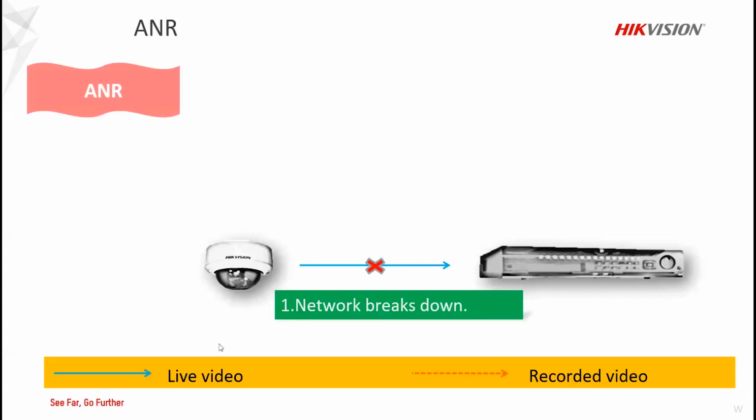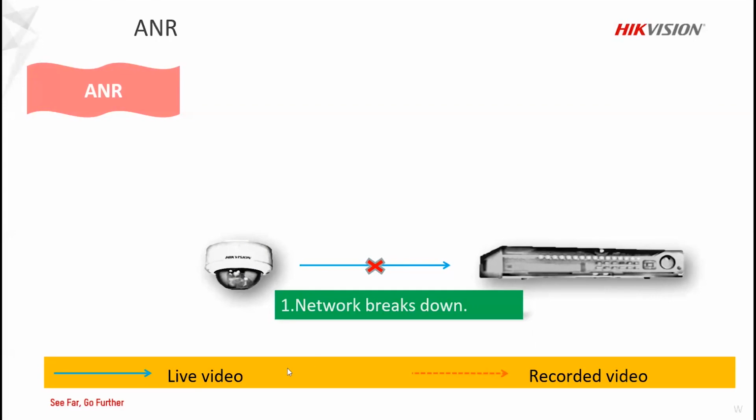So what happens here is if there is some kind of network failure and the camera feed cannot be transferred to the NVR, we can integrate a micro SD card in the IP camera, and then the camera will record the feed while the network is failing, and after the network is restored, the camera will push all these recordings with the timestamp to the NVR.